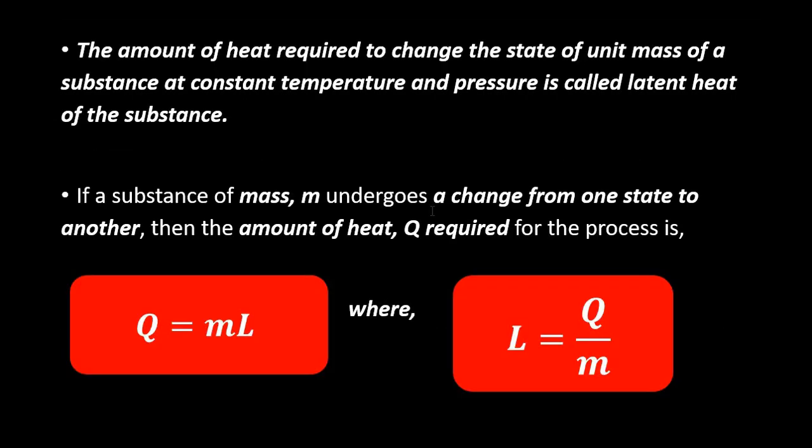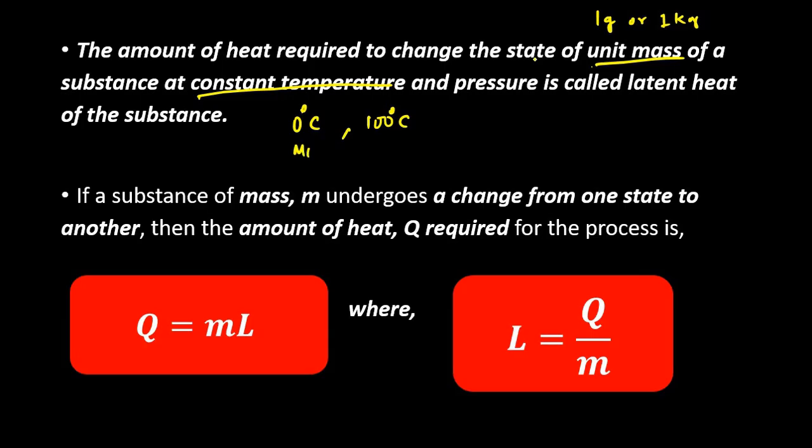And the mathematical expression here is that the amount of heat required to change the state of a unit mass of substance, where unit mass can be 1 gram or 1 kg, at constant temperature. So in case of ice-water change, it is 0 degrees Celsius, and in case of water to water vapor change, it is 100 degrees Celsius.